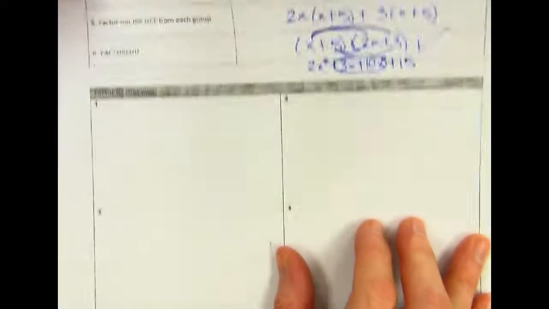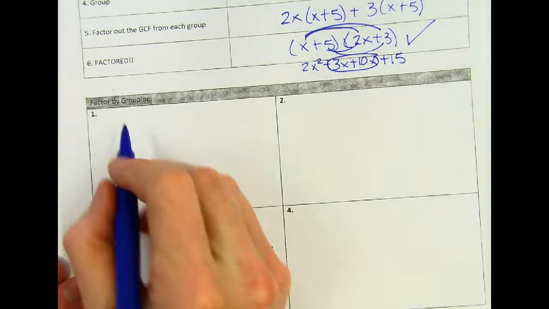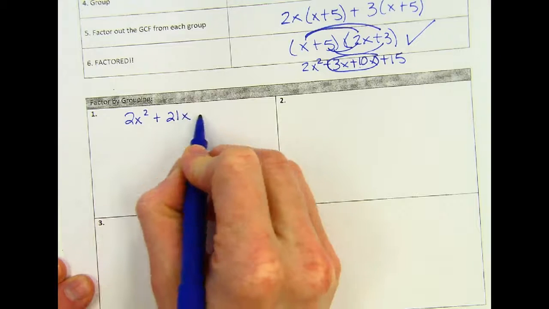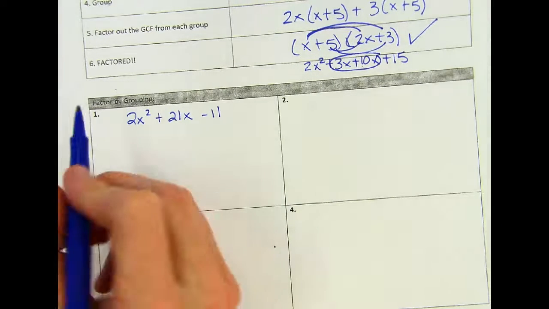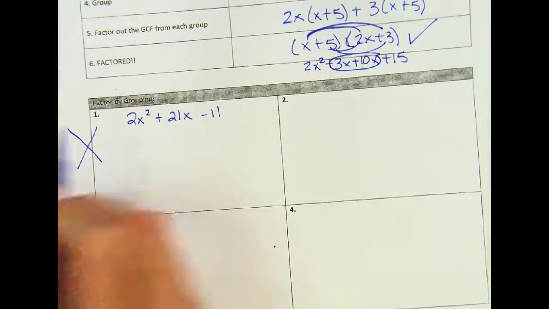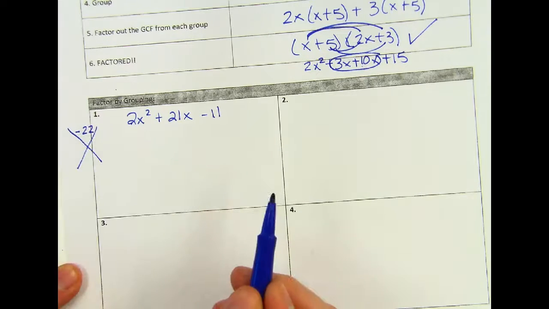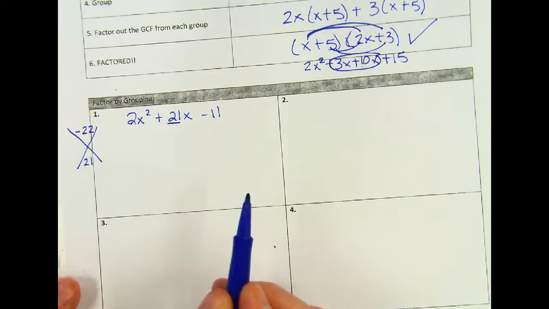So let's go ahead and move down here to box number 1. And let's look at 2x squared plus 21x minus 11. Okay, so if I come over here and I multiply my 2 and negative 11, I would get a negative 22. And I take my b basement and put it here in the bottom.